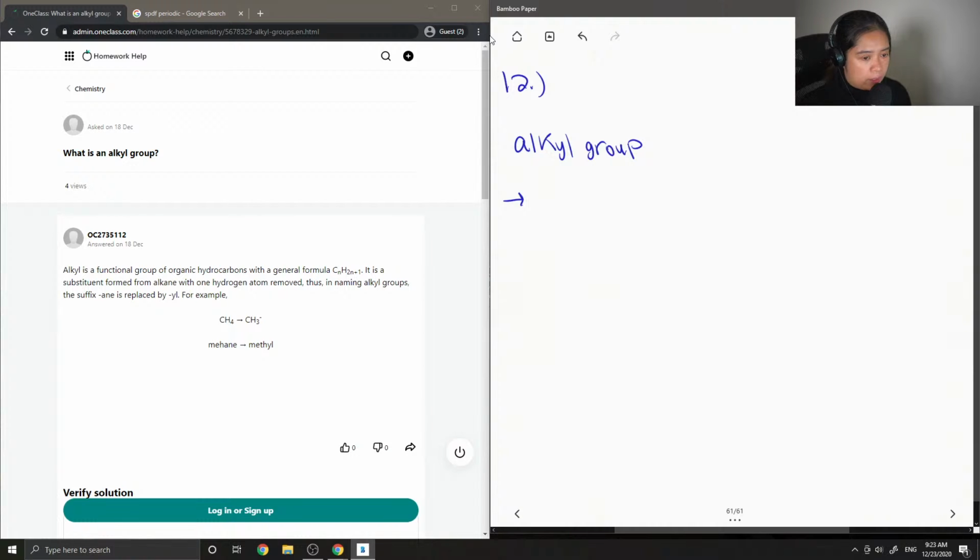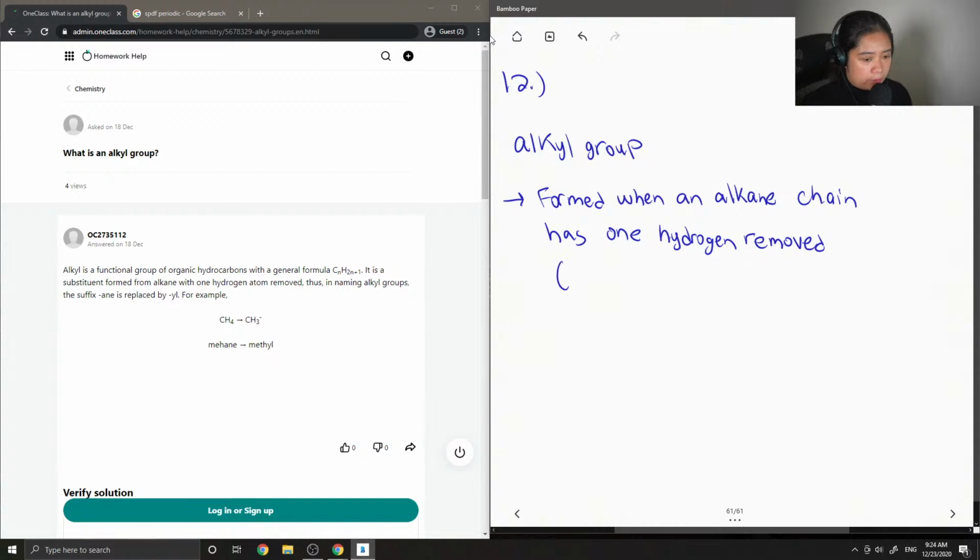So these groups are formed when an alkane has 1 hydrogen removed. So the general formula for an alkyl group is CnH2n+1.